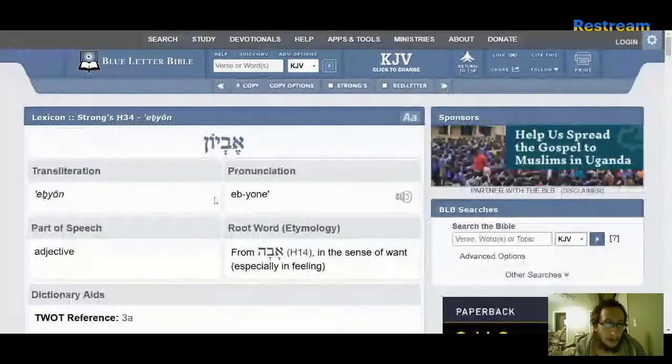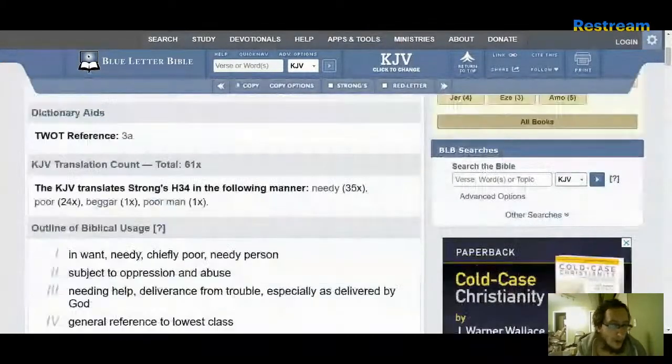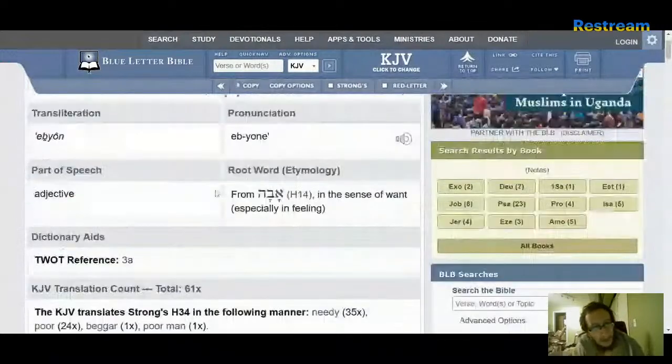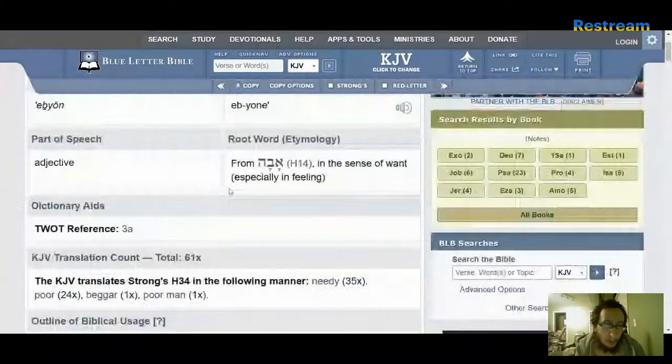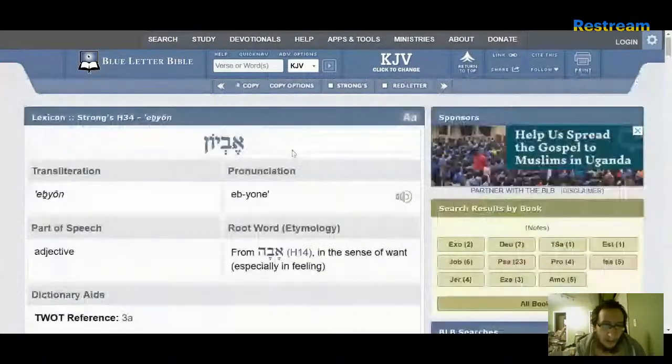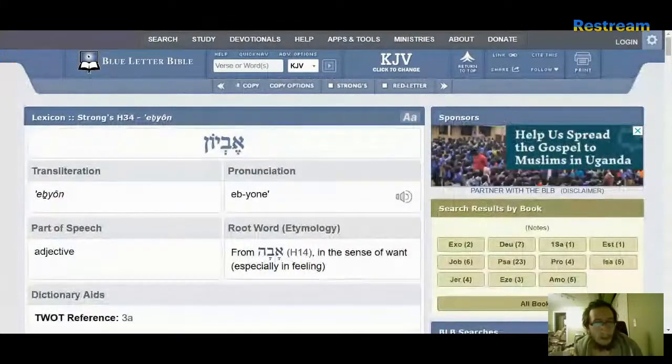Okay, so now this is Ebion, which is being in want or need or poorness. Have you ever heard of the Ebionites? That literally means the poor ones. Remember I said earlier, wa noon means the most, a high amount of something.